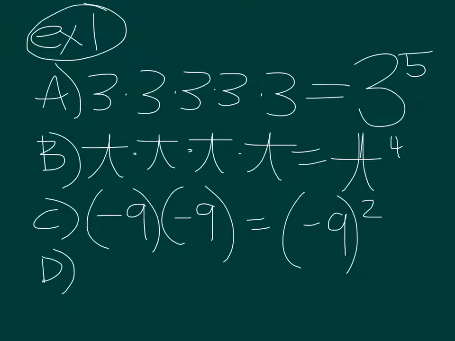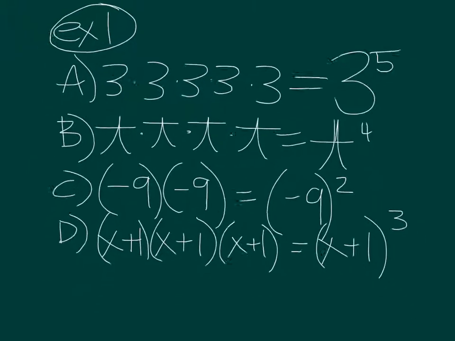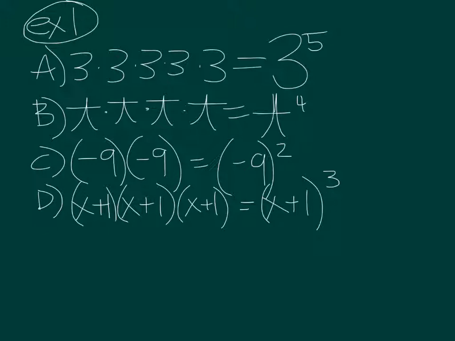D, x plus 1 times the quantity x plus 1 times the quantity x plus 1 would be x plus 1 in parentheses to the 3rd power. So pretty simple concept, not very difficult to continue that pattern. But we can do another one.